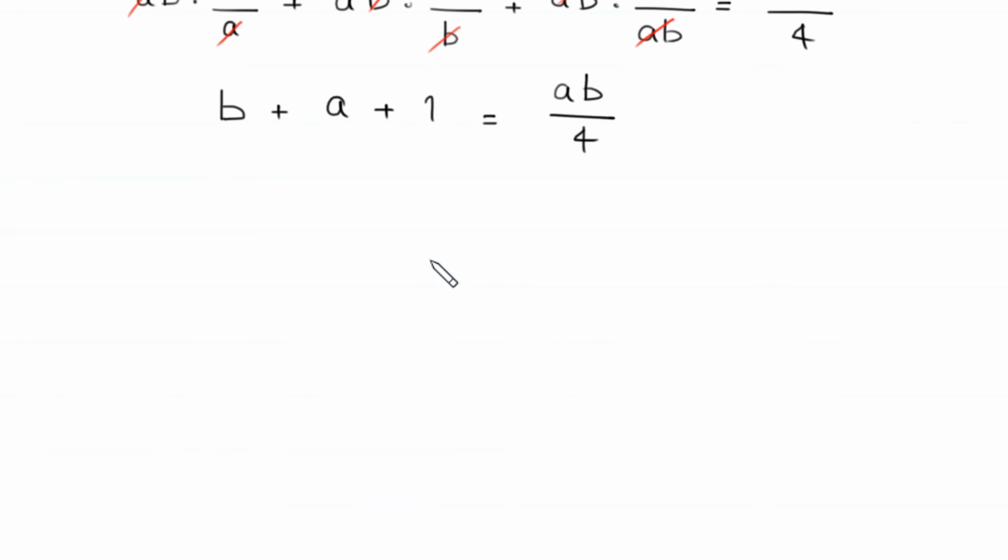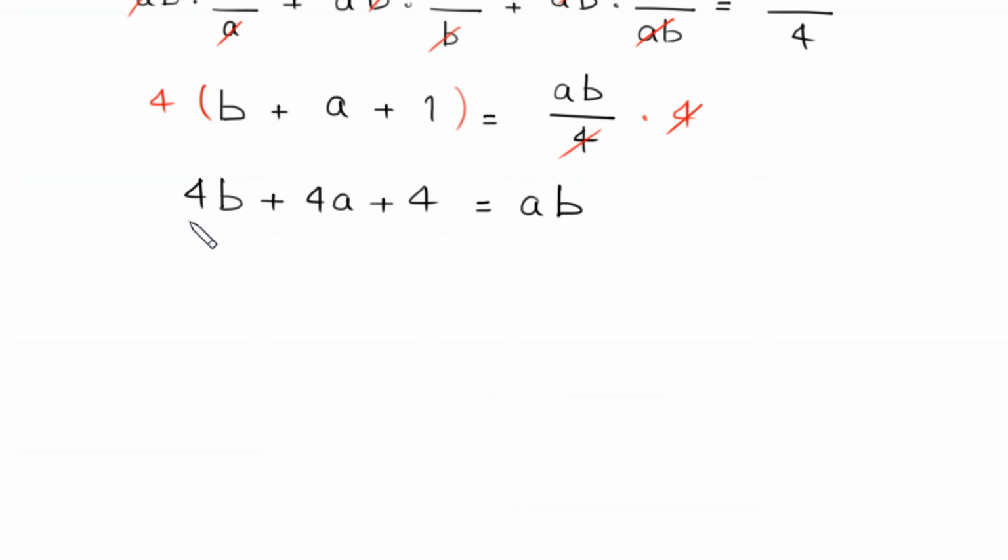Now to remove fractions we multiply both sides of this equation by 4. At the left hand side we multiply by 4, so this 4 times b will become 4b, and 4 times a will become plus 4a. 4 times 1 will become plus 4 is equal to, this 4 will be cancelled out with this 4, and at the right hand side we are left with only a times b.